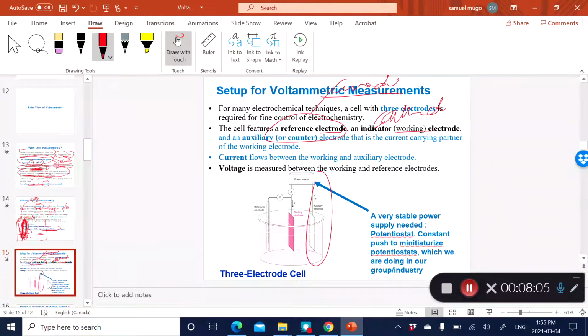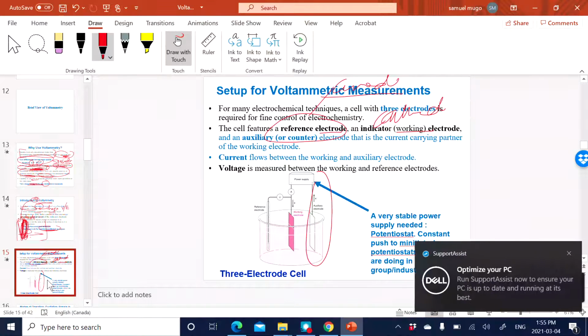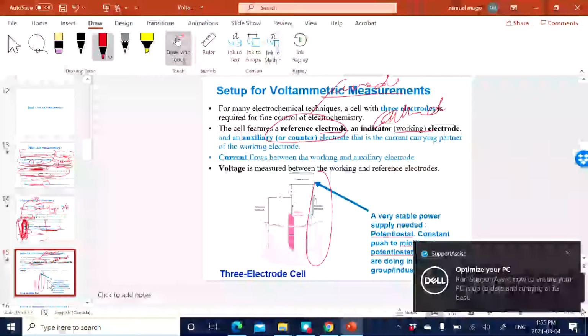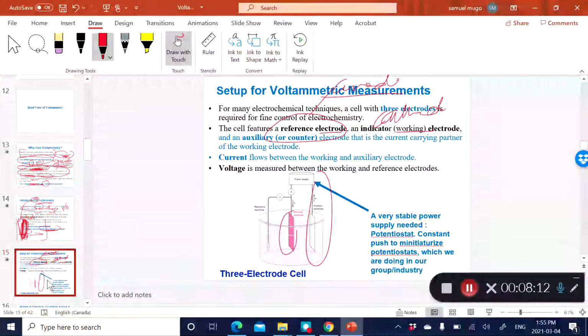So the auxiliary electrode helps with the current flow, to make sure the current is only flowing between the working electrode and the auxiliary electrode, and that no current is flowing in the reference electrode. And the reason why that is important is you do not want to change the potential of the reference electrode.